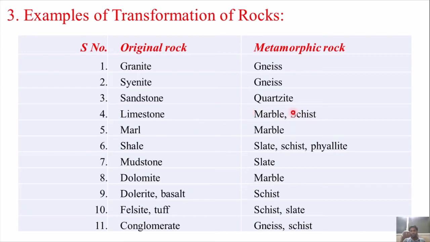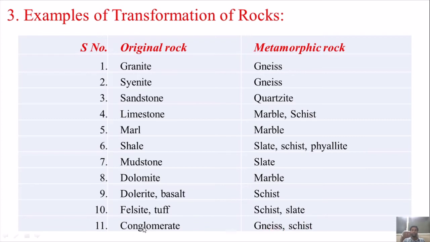Marl forms marble. Shale forms slate, schist, phyllite, etc. Mudstone forms slate. Dolomite forms marble. Again, different kinds of marbles are there in the market. Dolerite, basalt, schists are there. Calcite, tuff, etc. Conglomerate, gneiss, etc. will form gneiss and schist.